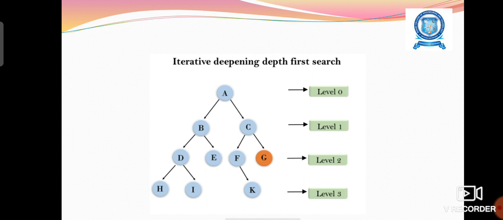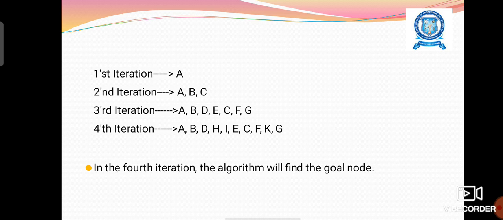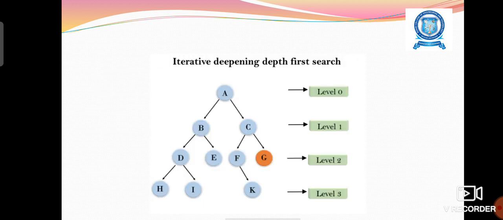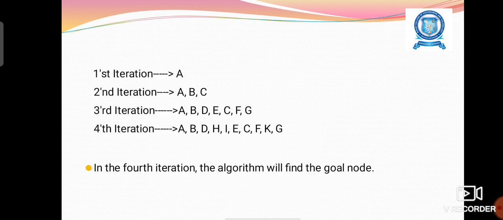So it will backtrack and change the path. From B it will go to D, then from D to E, then to C, then to F, then to G.